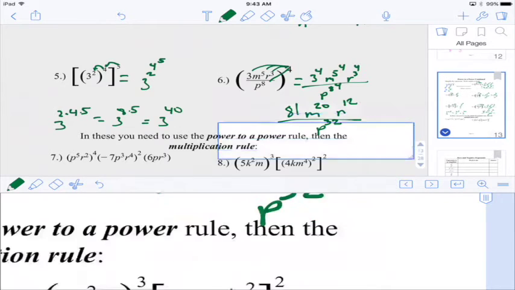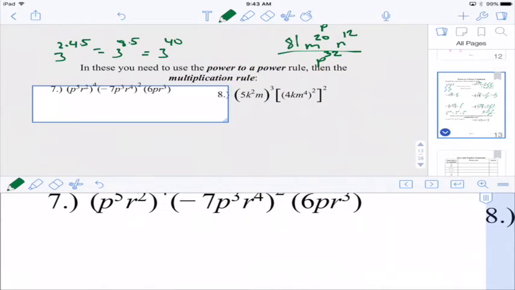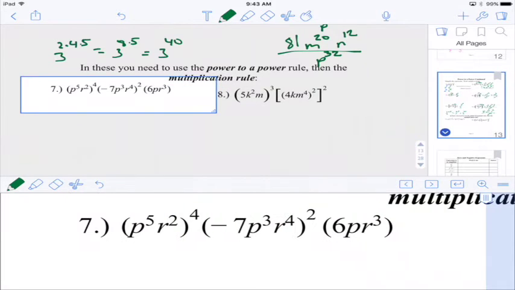Okay, 2 more. In these, you're going to use the power to a power rule and then the multiplication rule. It's getting kind of complicated, but you can do it. So I'm going to raise all of those things to the 4th. I can see that this is going to be p to the 5 times 4, which is 20. My r is going to be raised to the 2 times 4, which is 8.